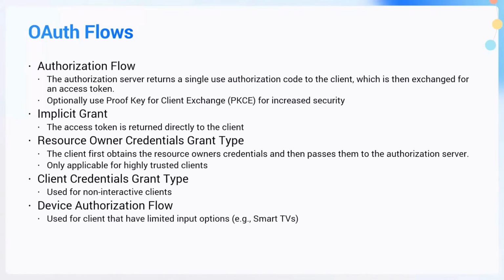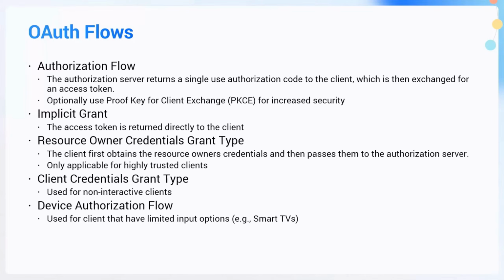There's the device authorization flow. That's usually meant for devices such as smart TVs that have limited input options. The idea is that the client provides a QR code and a device code that is shown to the user. They take their phone or whatever, and scan the QR code, which launches the browser on their local device. They enter the device code, and that triggers the generation of the auth code, which the client can then go get.